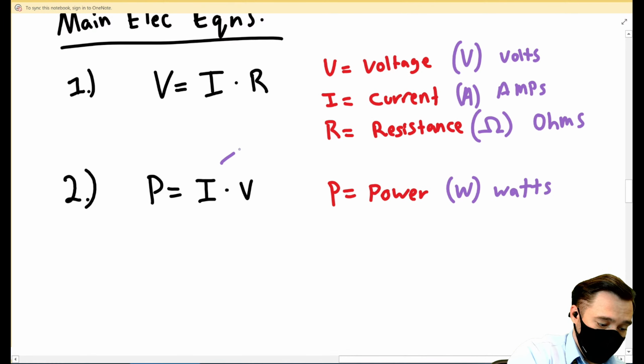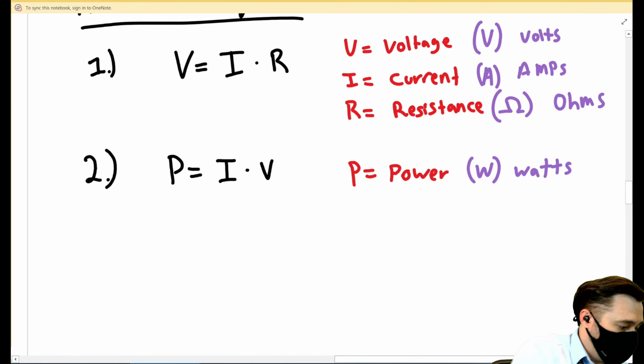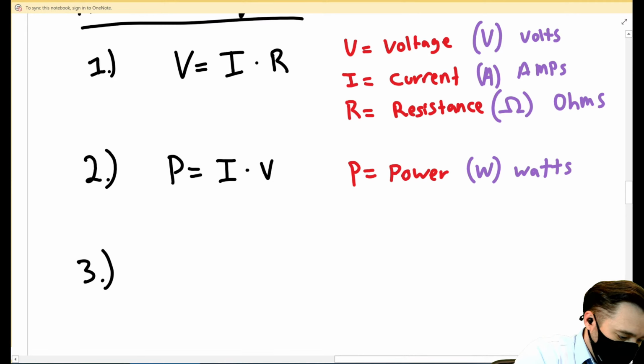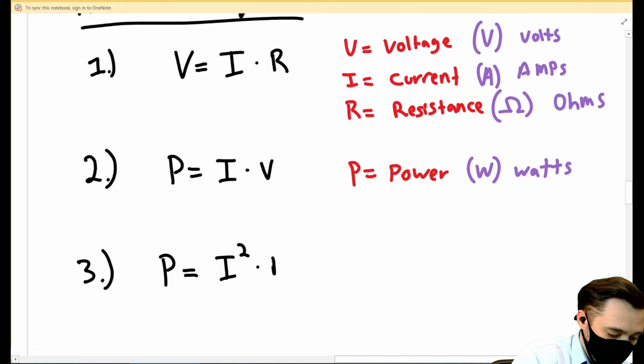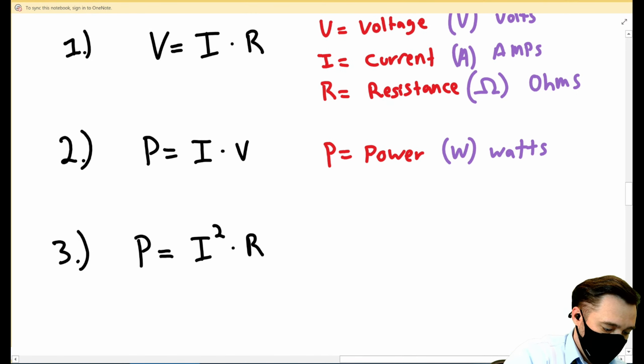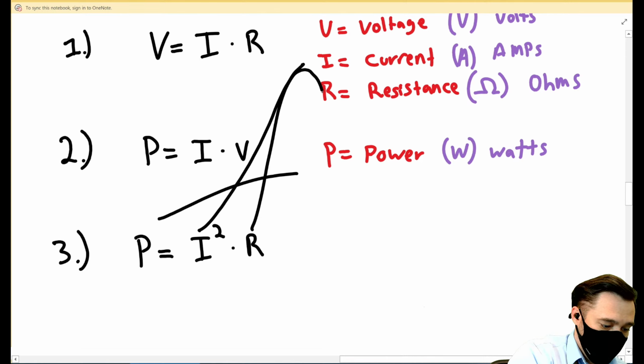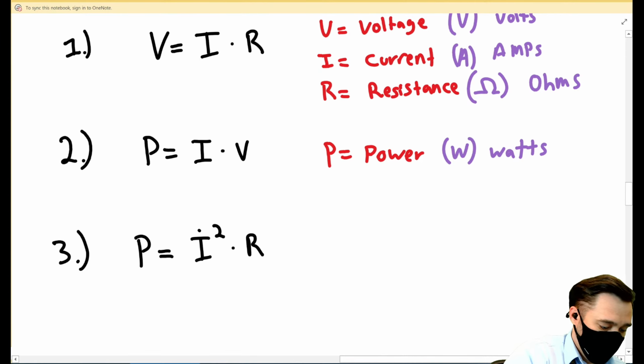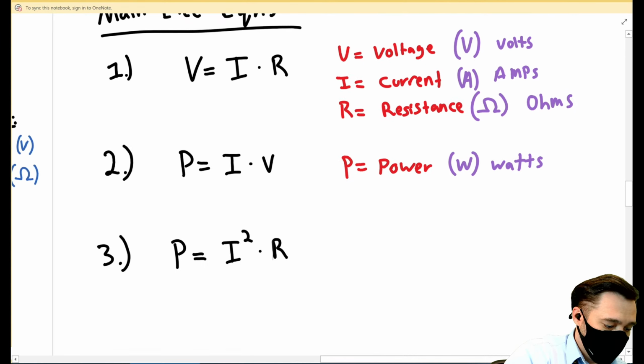And then I is current and V is voltage. Now the second iteration of this one, power is also equal to I squared times R. So P is power, I is current, R is resistance. Cool. So those are the 3 main equations.